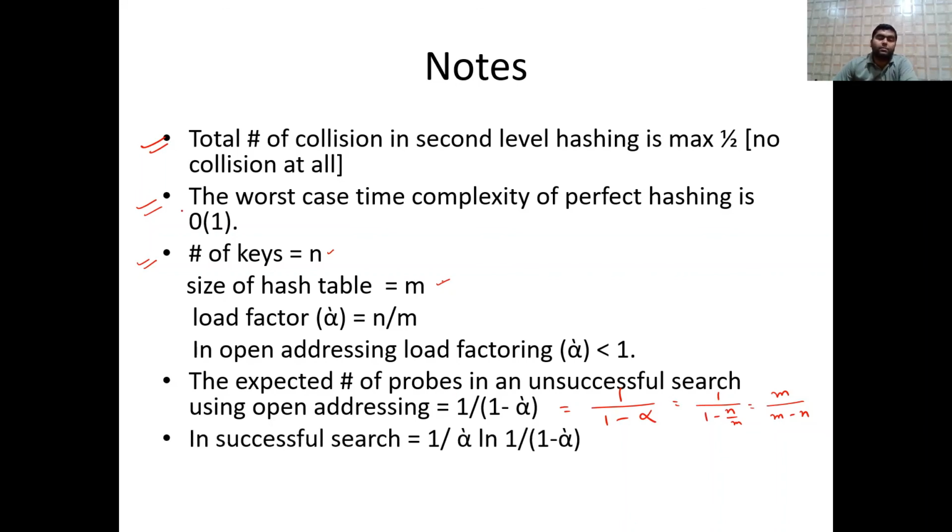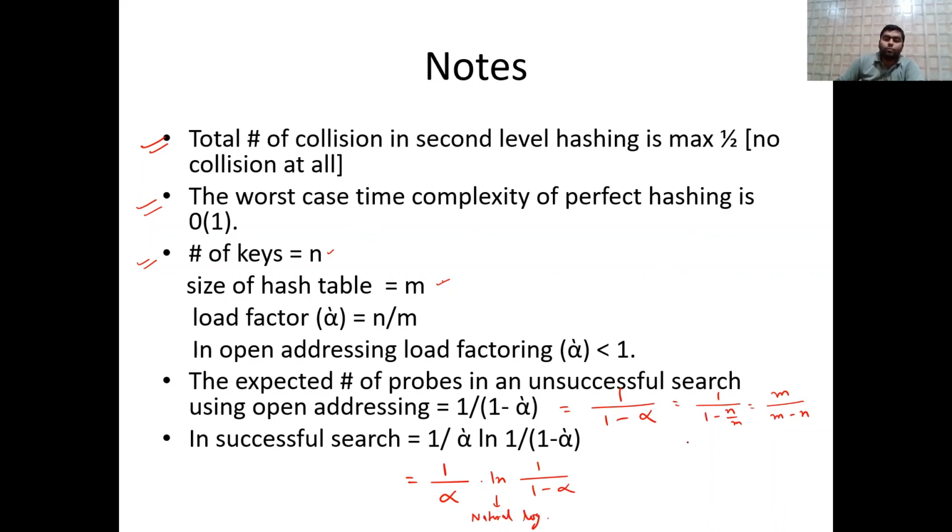But in a successful search, the expected number of probes will be 1 by alpha into ln, natural logarithm, of 1 divided by 1 minus alpha. So this ln is the natural log.